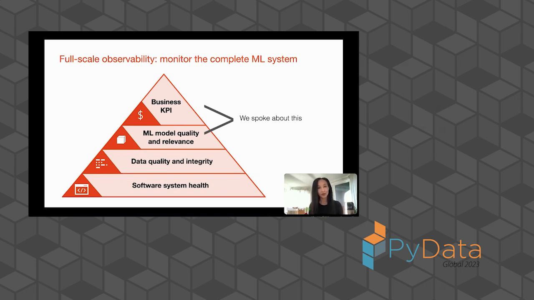But if we take a look at the whole system where we use our recommender system model only as a part of the service, right? For instance, like an e-commerce where we have the full product, the full marketplace system, right? And the recommendations are just a part of it. We need to make sure that the whole system works. This is why, together with business KPIs and model quality and relevance, we also need to implement software system health monitoring.